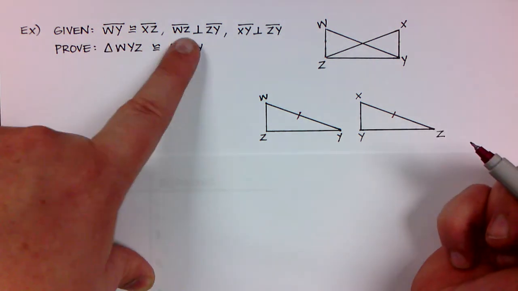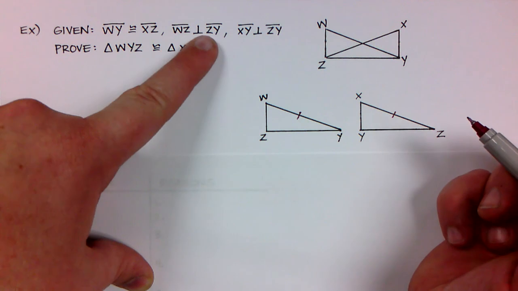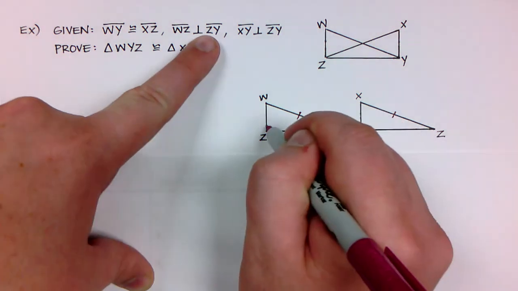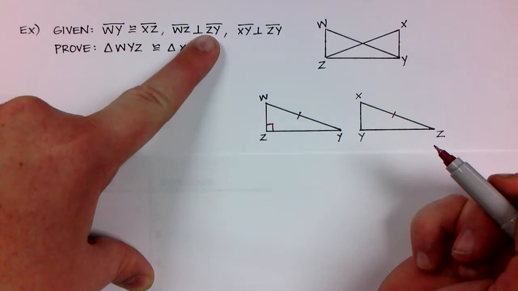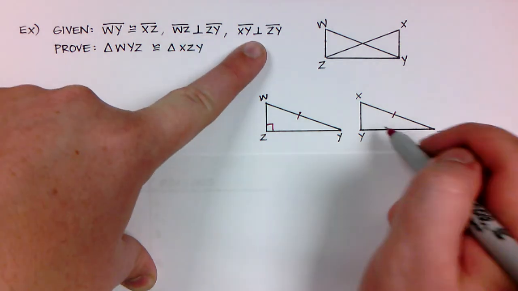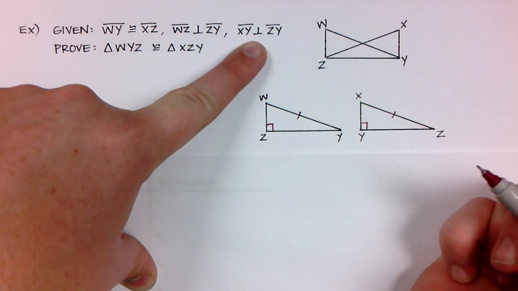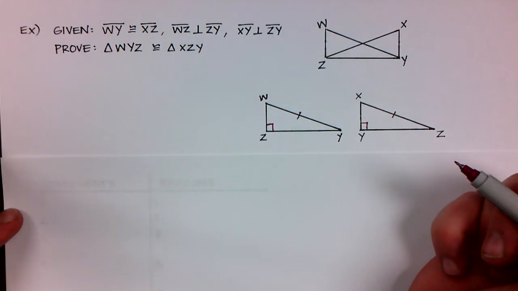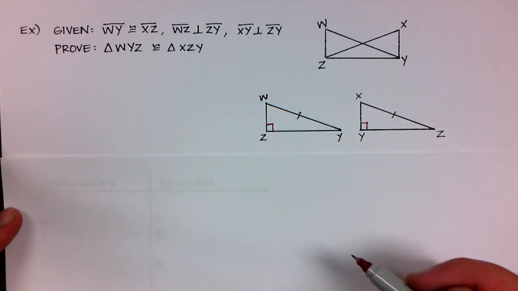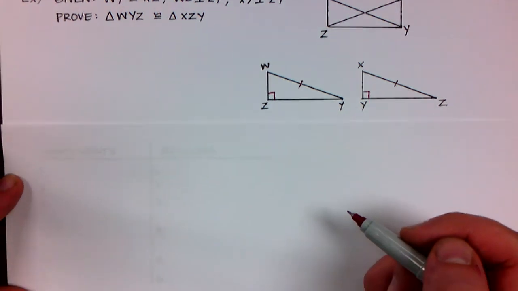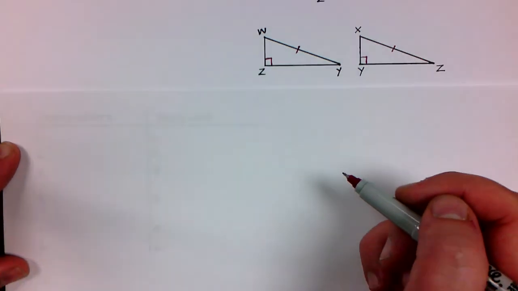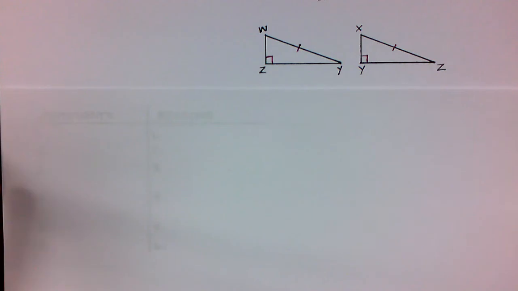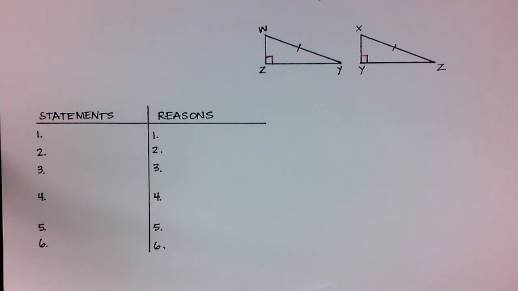I'm also told that WZ is perpendicular to ZY, which means that's going to be a right angle right there, and that XY is perpendicular to ZY, so that's also a right angle. So I'm looking for one more thing. I have this rewritten now, so let's go ahead and do our proof.